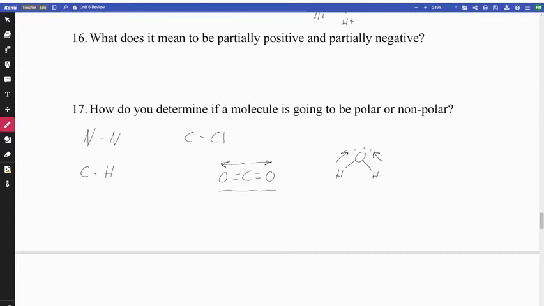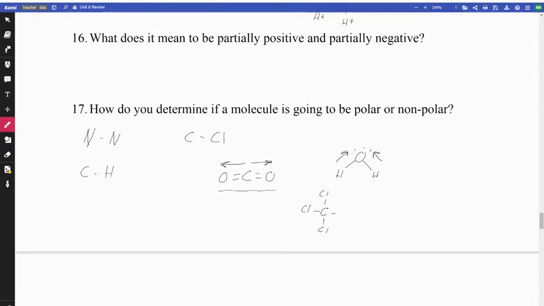All right, so let's say we have tetrahedral. So we have C, Cl, Cl, Cl, Cl. Okay, now in this situation, these bonds are going to cancel each other out, right? And that will be a nonpolar molecule.